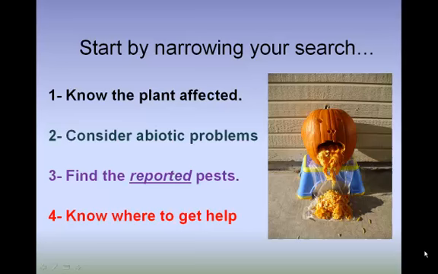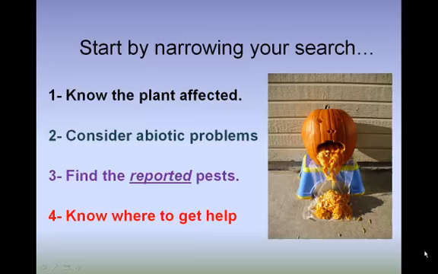So if we know that we're looking at a spruce, then we can look under spruce in our resource book, and look at what are the common problems associated with spruce. And that's going to narrow it down from 800 to about 10. Okay, so that's a good first step. So never overlook that first step.